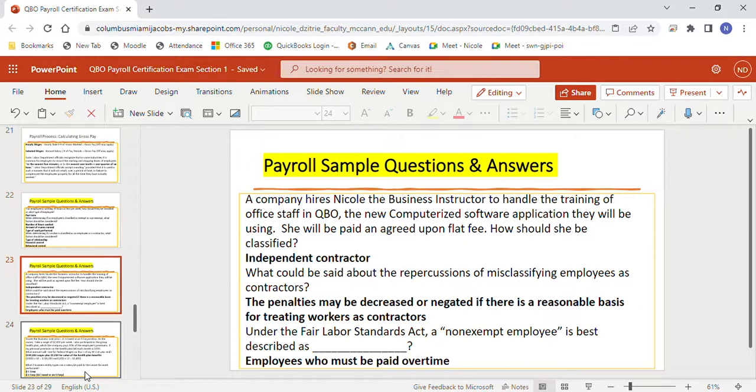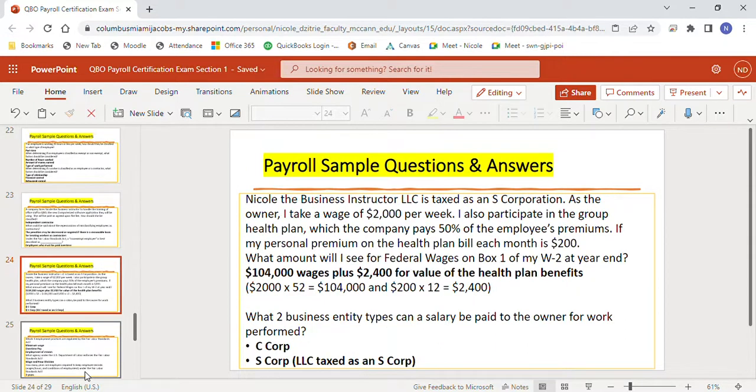Under the FLSA, a non-exempt employee is best described as employees who must be paid overtime. Because remember, they're protected with that 1.5, whereas the salaried employees, the exempt employees, are not necessarily, depending on their contract.